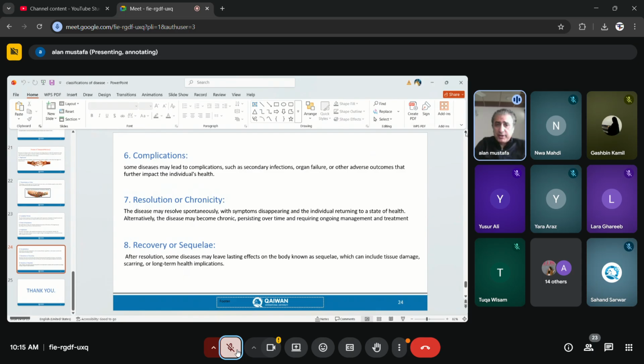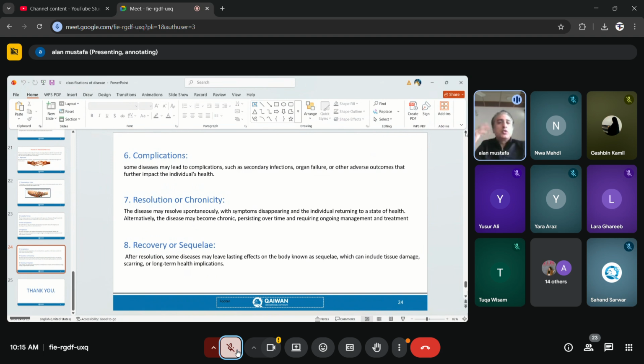This is a resolution, or it becomes a chronic infection or chronic inflammation, or you have a chronic disease. So the disease stays with you for a long period of time. Okay, so then we have recovery or sequel.